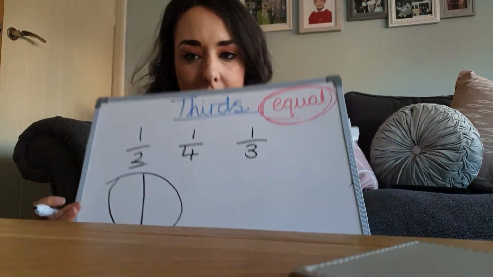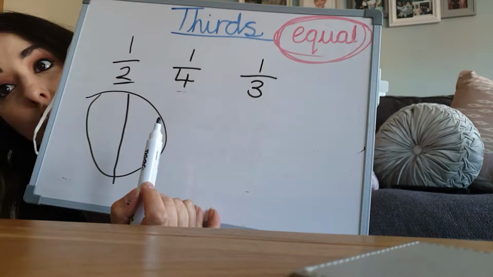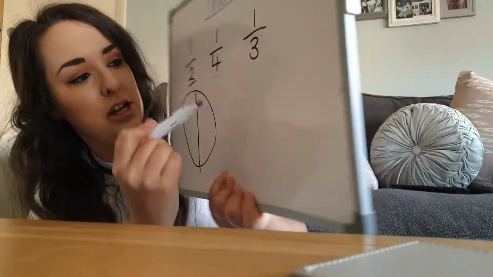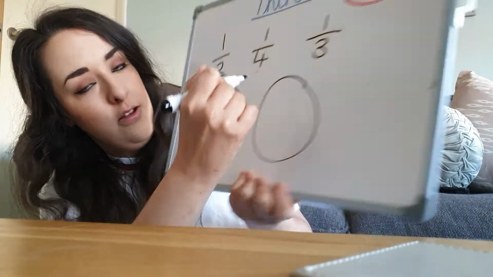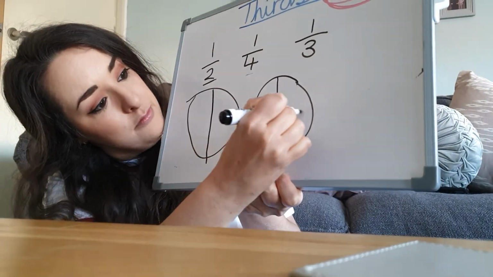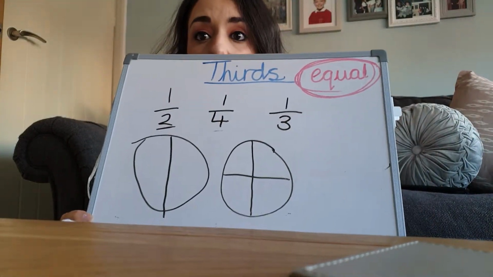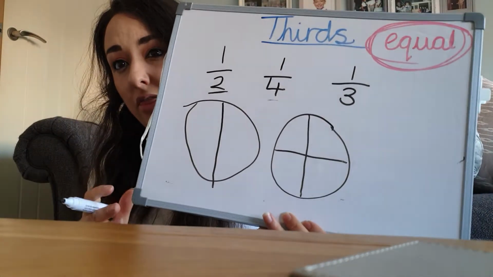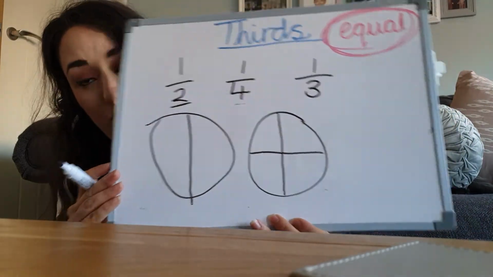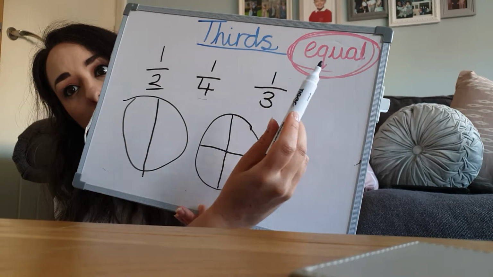Okay, and if I look at a quarter and look at the denominator, it's a 4, so I know I have to split it into 4 equal parts. Okay, so it's the exact same for thirds, and the key word you need to remember when you're working with fractions is equal. They have to be equal parts.